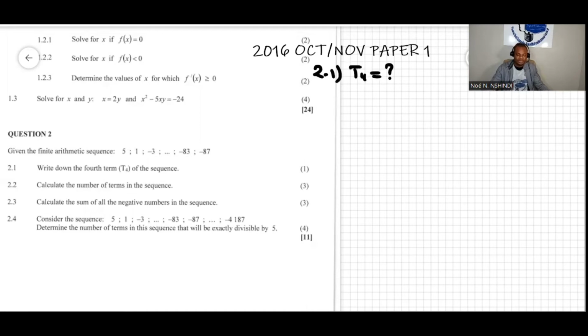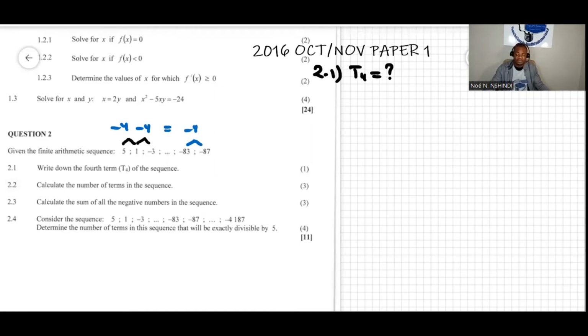Now, first, let's see what type of pattern this sequence is. If I look here, we notice that 1 minus 5 is -4, and -3 minus 1 is also -4. Over here, if we do -87 minus -83, this is also -4.